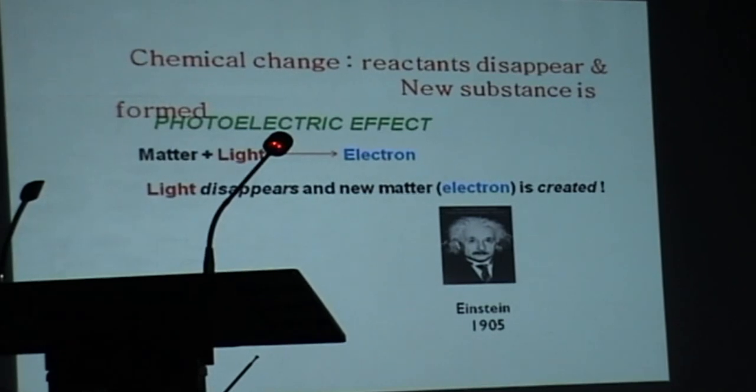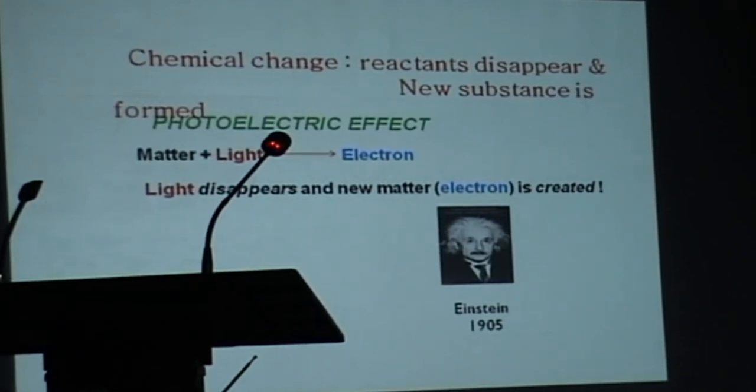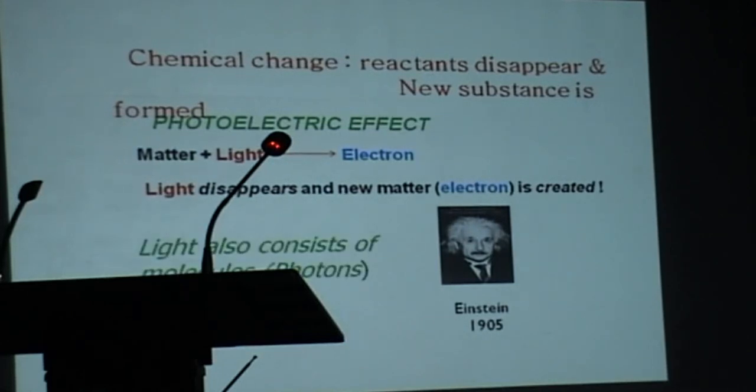Einstein first realized this, and he explained the photoelectric effect in 1905. He considered light composed of small particles. Now we know that these particles are known as photons. Einstein gave the name light quantum.